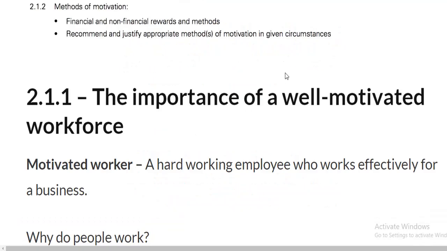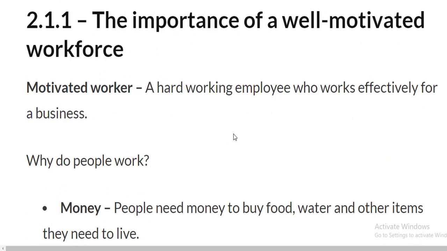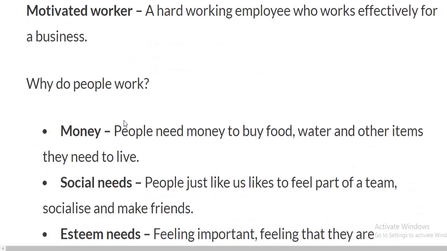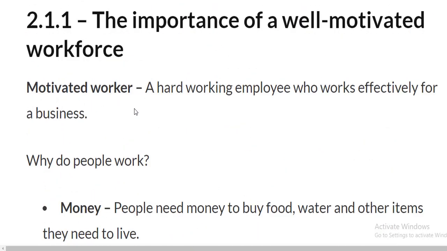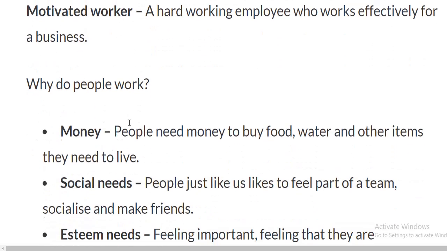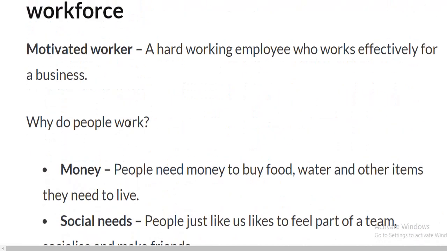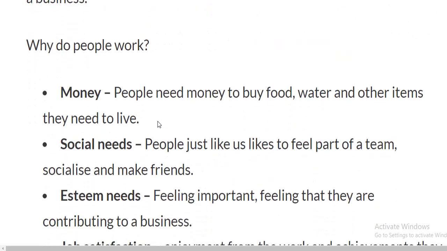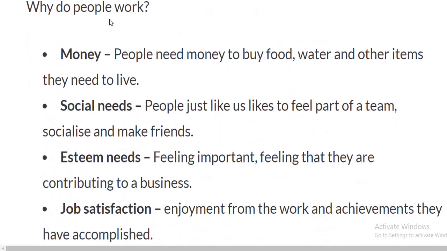So now, after we took a glance at the importance of a well-motivated workforce, we have to go deeper, under the surface, and target the theories that affect the motivation of an employee or a human being. After we covered the first part, which explains why it's important for a business student to understand motivation, why do people work?